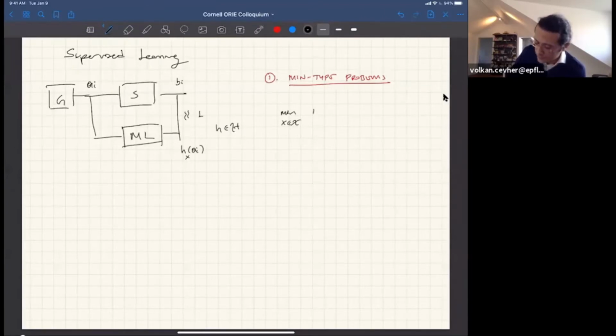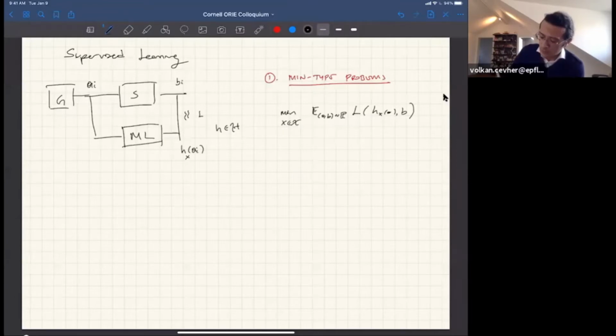What we do is try to minimize this expected risk, or in this case, the population loss, where a and b are generated with respect to some unknown distribution.